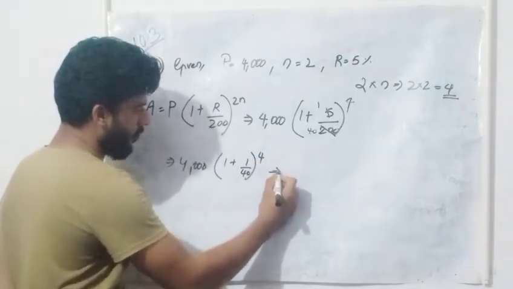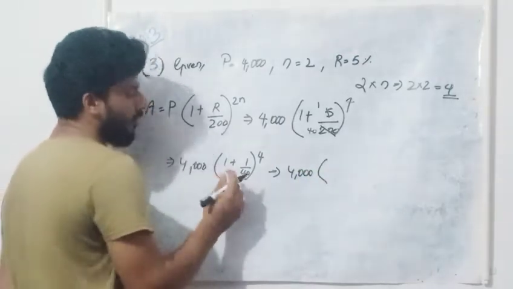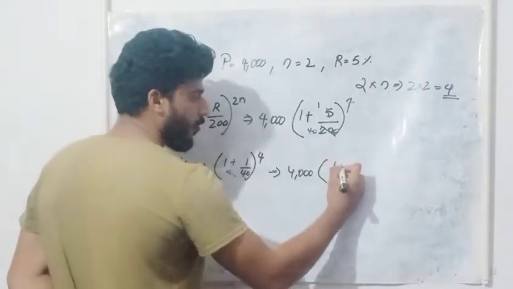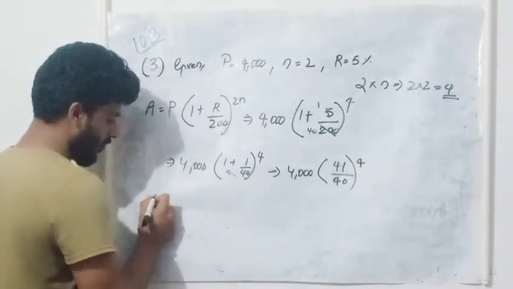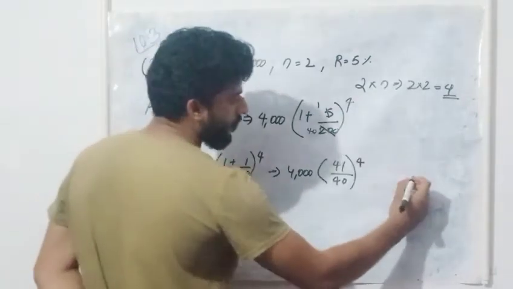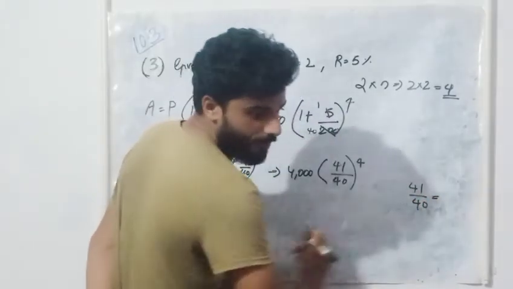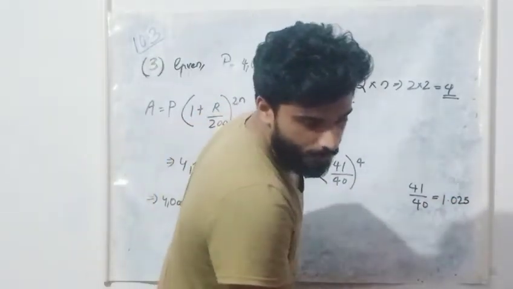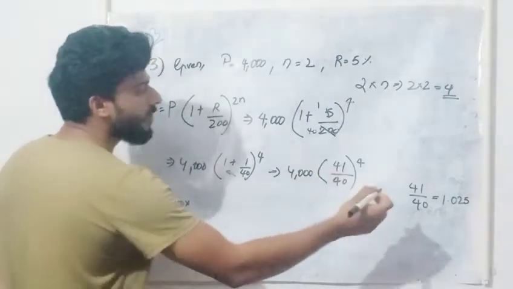That is equal to 4,000 into, making a common denominator, 40 into 1, 40, 40 plus 1, 41 divided by 40 whole raised to 4. 41 divided by 40 will be 1.025.